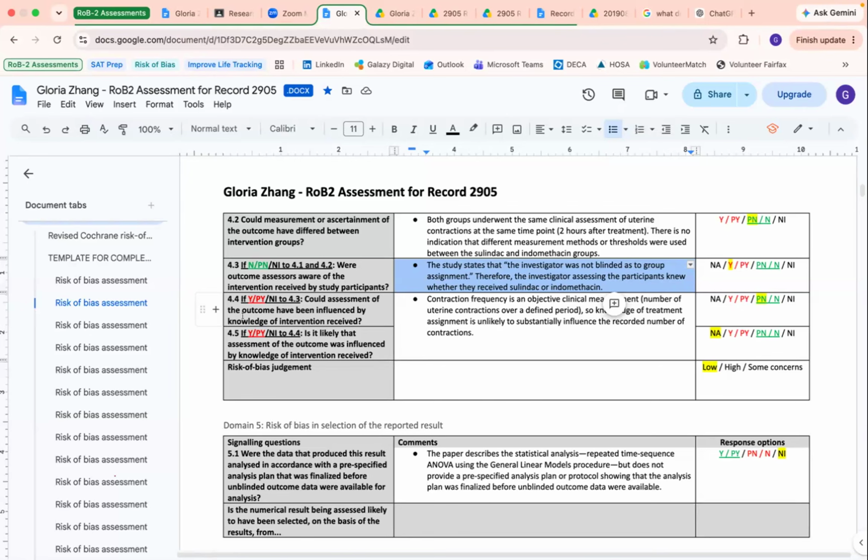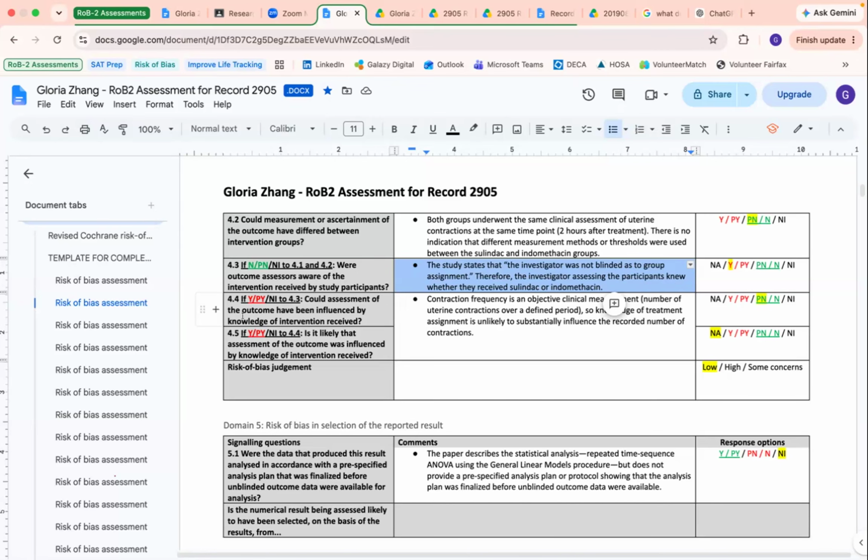That's why I answered yes. Okay, makes sense. Okay, so do we all agree that it would be yes for 4.3? Yes.